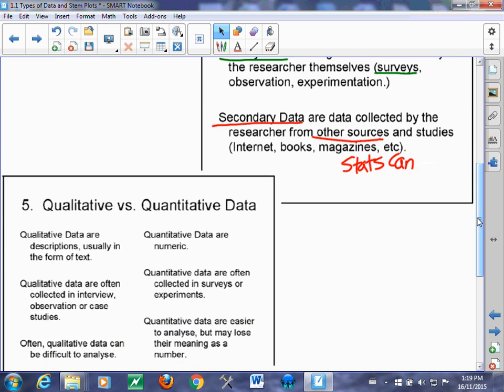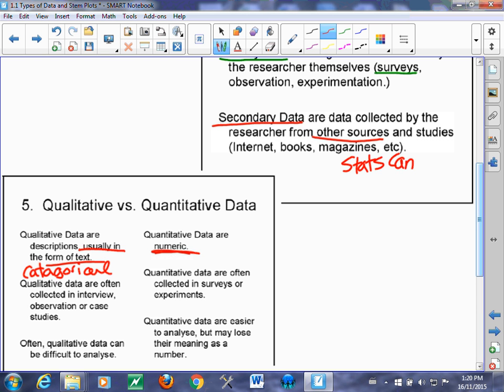All right, so keep in mind you're going to be doing that with your project. Next one, qualitative versus quantitative. Qualitative is descriptions, usually in the form of text, whereas quantitative is numeric data. So when you think about qualitative, I want you to think of categorical data, whereas the other one is numeric.